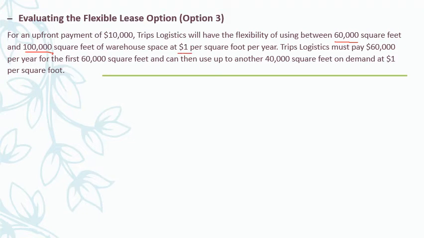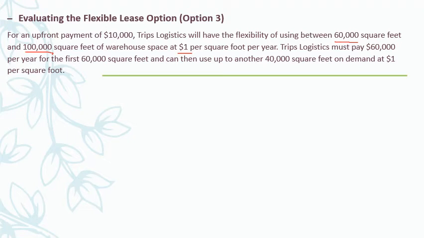This company must pay 60,000 per year for the first 60,000 square foot and then can use 40,000 square foot on demand. If it is necessary, then only you pay. If it exceeds 60,000 units, then only you pay the remaining 40,000.